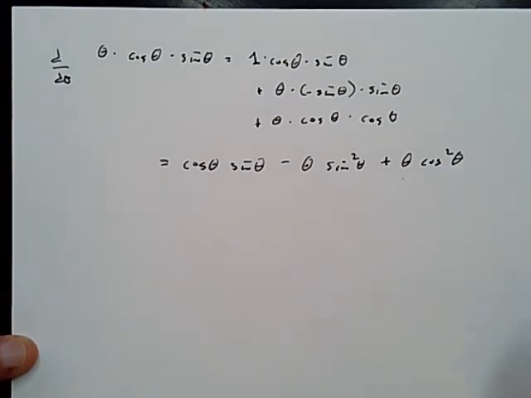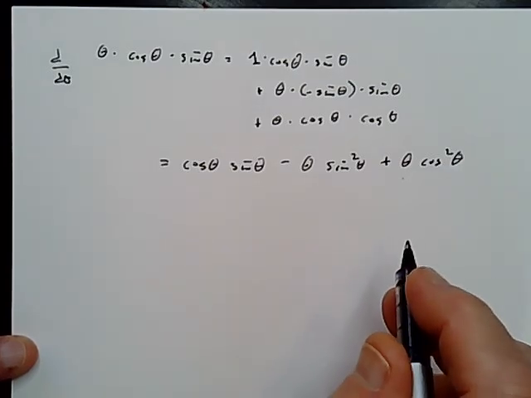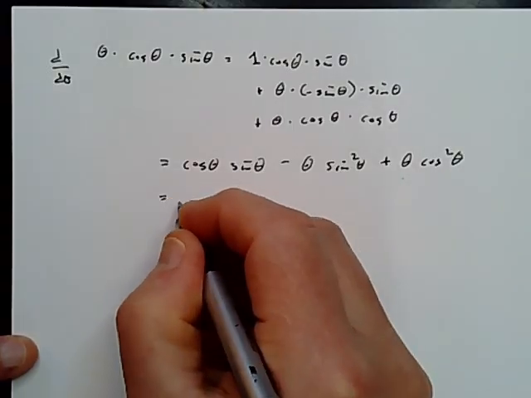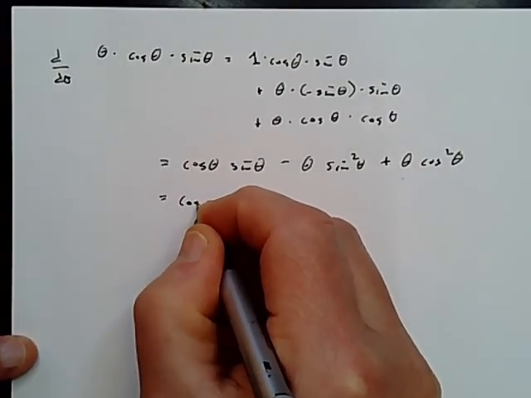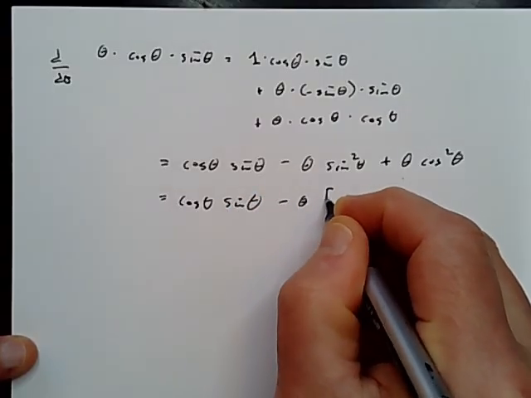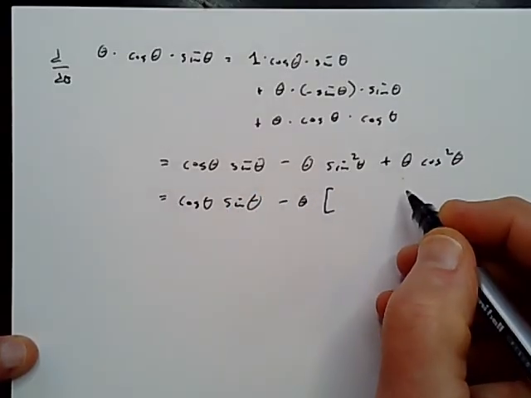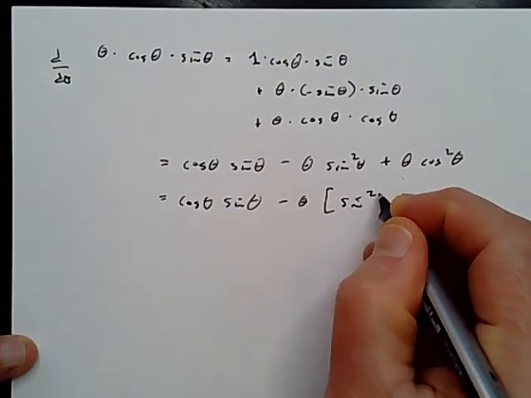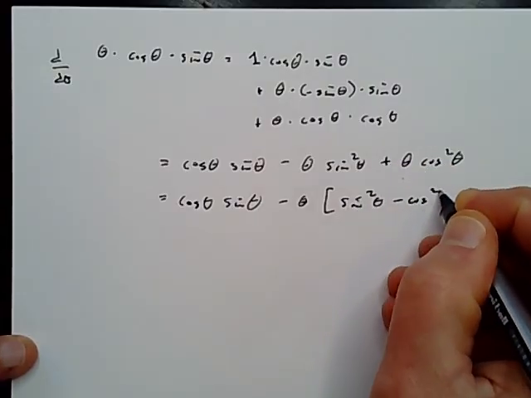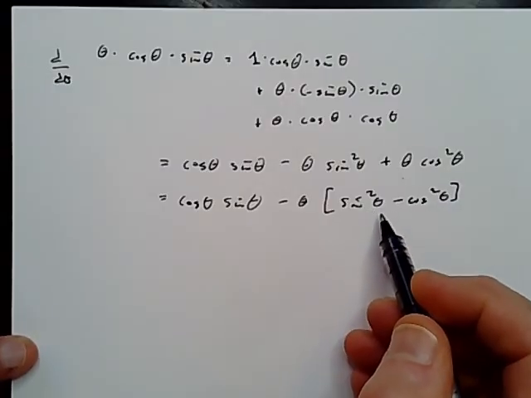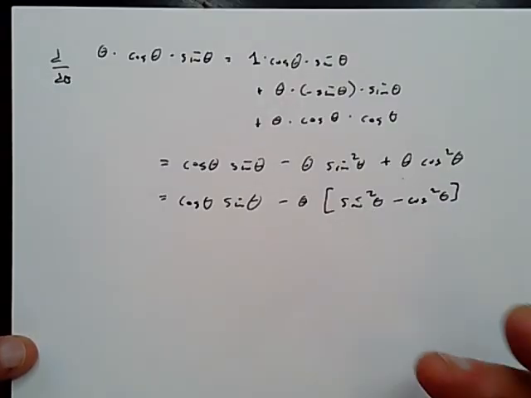You can do all kinds of things to simplify, but I'm wondering if the back of the book won't factor out a theta, and I'm going to just call it done at that point. Cosine theta sine theta minus theta times sine squared minus cosine squared. And again, there's more things a person can do. This is some relationship that you might know, but I'm just going to stop there.